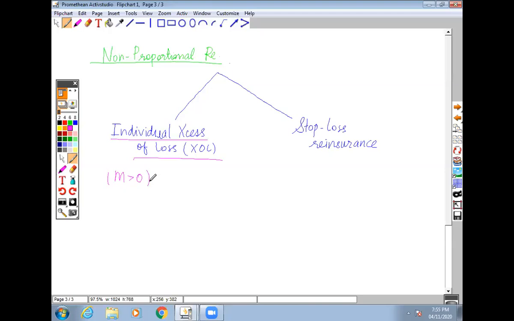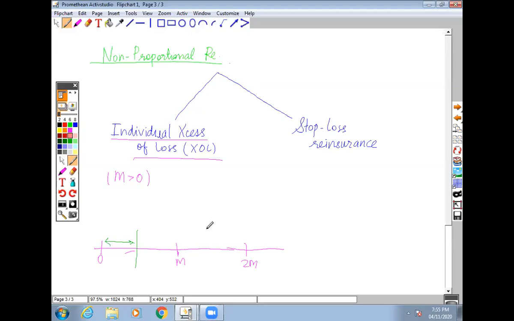So what does that mean? Let me try to draw a line: this is 0, this is M, and this is 2M. The reinsurance company will say, I will pay all the claim amount that is incurred from M till 2M. So if we incur a claim which is somewhere here, then the reinsurance company will play no part and the insurance company will pay all of this amount.